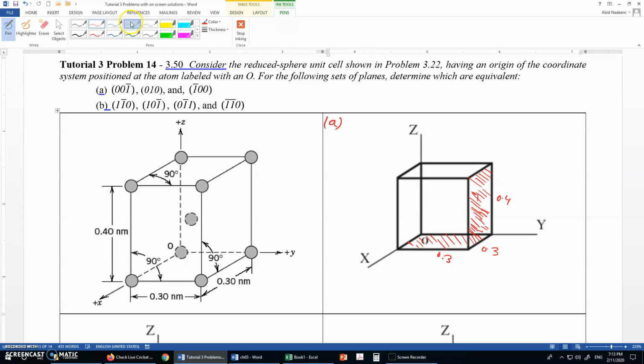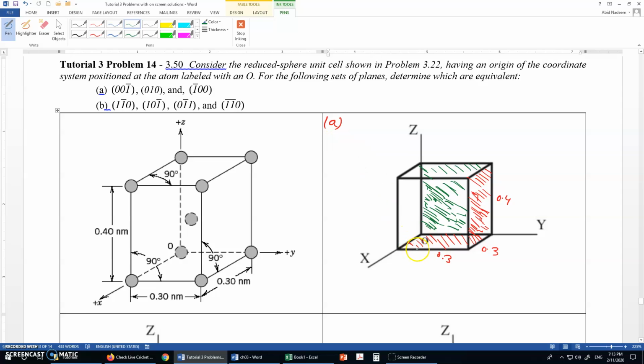So let's show it with some other color. Okay, so this will be the plane, the back side of that plane. So what are the dimensions of this plane on the back side? The dimensions of this plane will be 0.3 by 0.4.